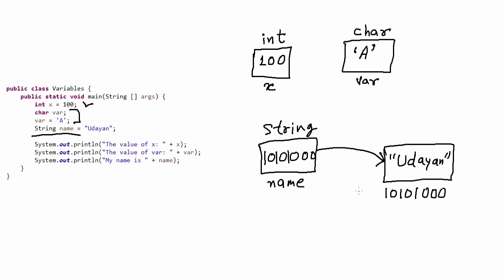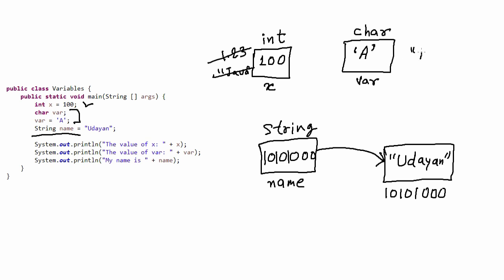Two more things to note over here. First thing is, this memory location can only store values that are compatible with integer type. It may not be able to store a floating point number such as 1.23 or some string Java. You cannot store these two values. Similarly, with char, you can store values that are compatible with char type.